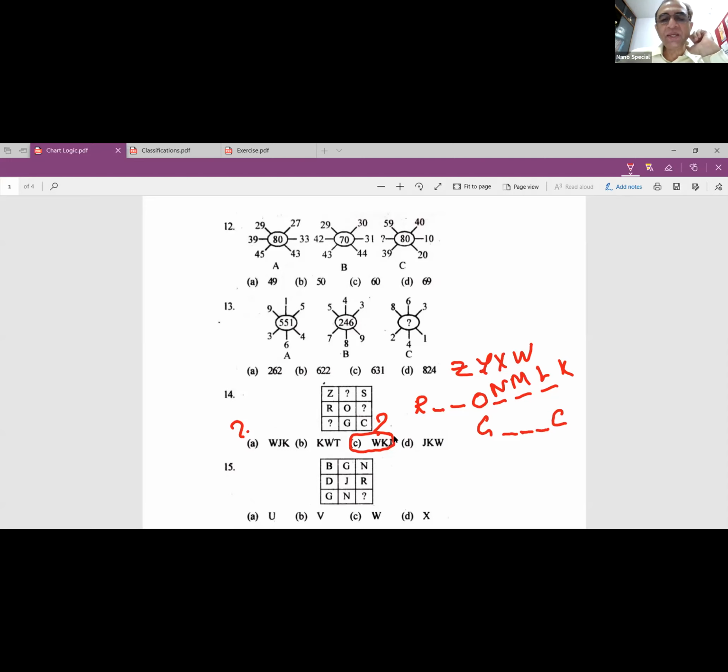Yes. If you see, the difference between the letters increases by 1. Going column wise, it increases by 1. If you go row wise, it increases by 4 and 6. Column wise, it is 1.